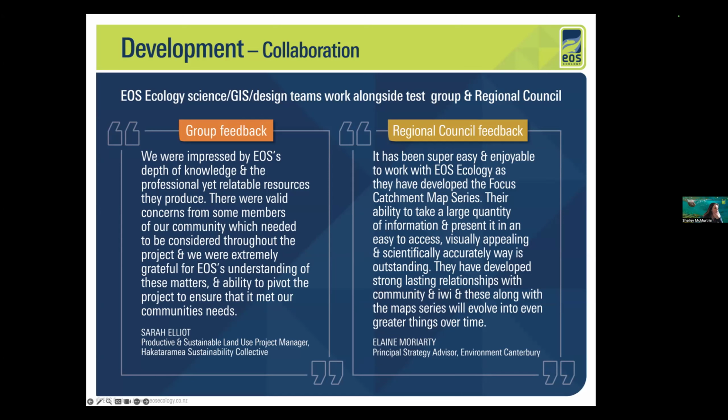With a lot of stuff going on in this space of catchment planning, including the catchment context, challenges and values process that was to be rolled out by regional councils, it was really important to us that we weren't reinventing the wheel or conflicting with other information that might be going out into the public arena through councils.